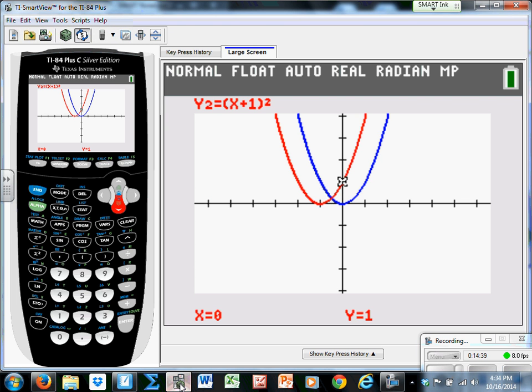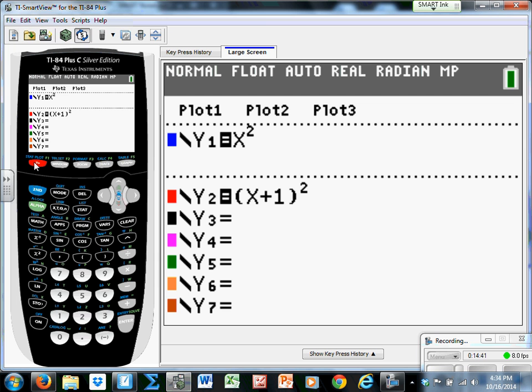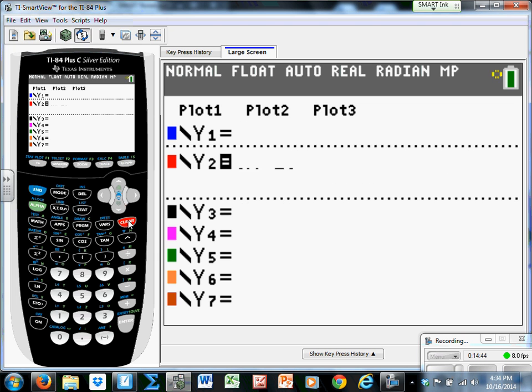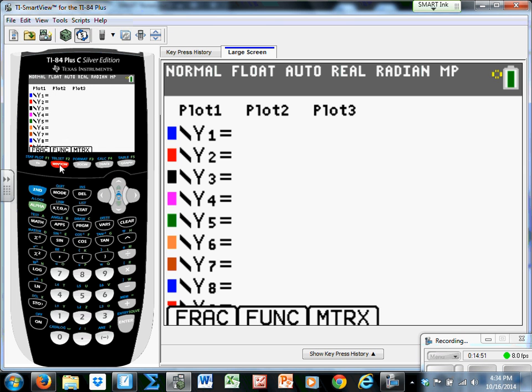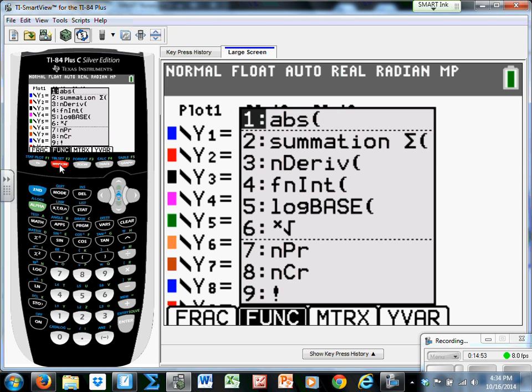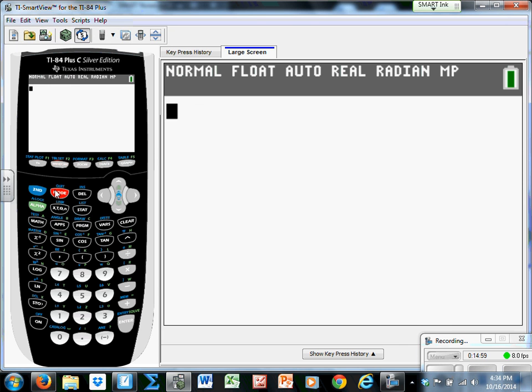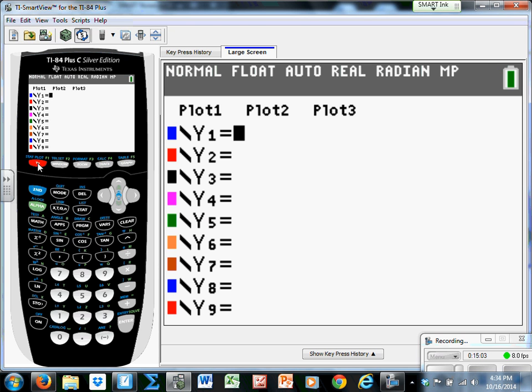Okay, I want to do one other thing here, and let's do absolute value. I'm going to change the parent function to an absolute value function. Some TI-84s have the new system on them. Some TI-84s do not. Let me show you what I just did. I'm being sneaky. I'm going to go to y equals, and there are some shortcuts.